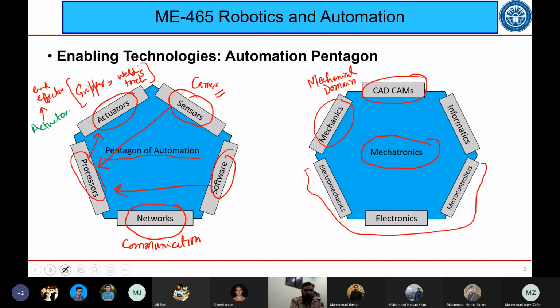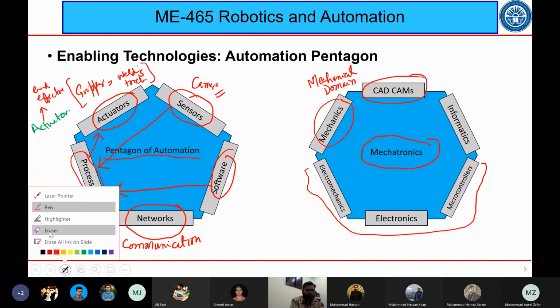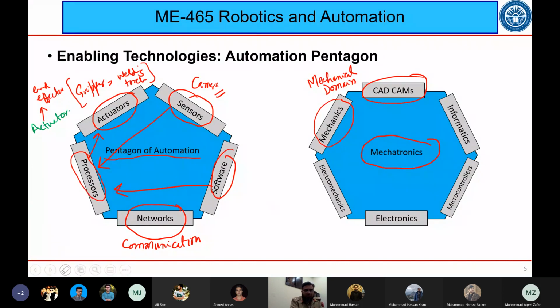Let me just put it here again. थोड़ा सा यहाँ पे मुझे change करना चाहिए इसको. This is purely electrical domain. This is electromechanics, so this is electrical plus mechanical domain. And this is software or computer domain, which is informatics.